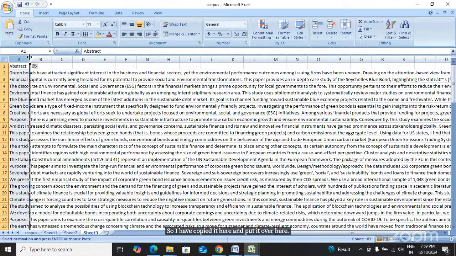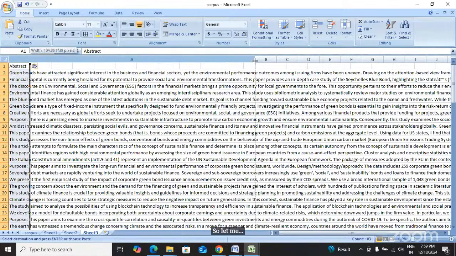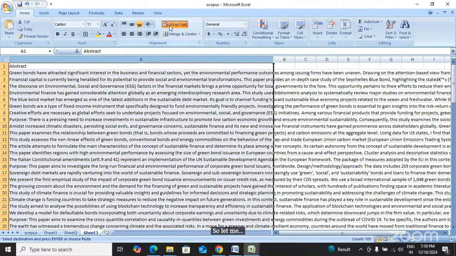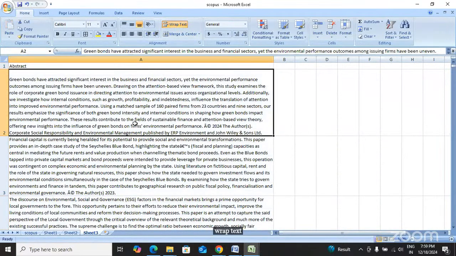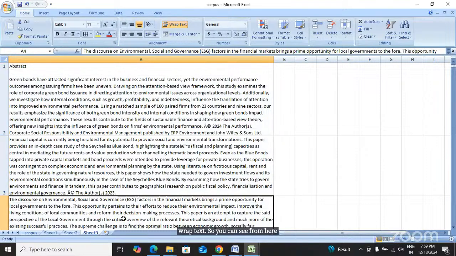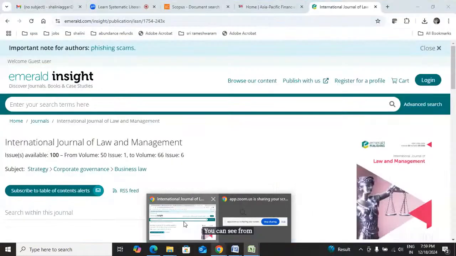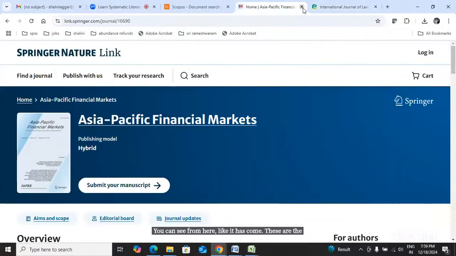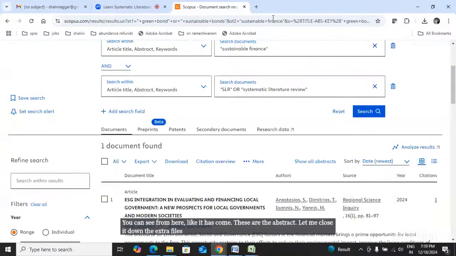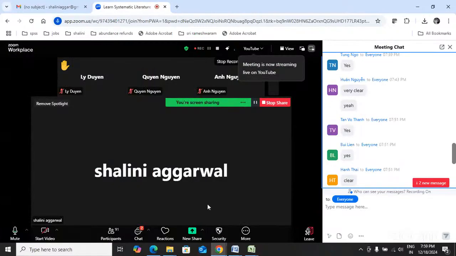Let me wrap text. You can see from here, these are the abstracts. Let me close the extra files and extra websites.